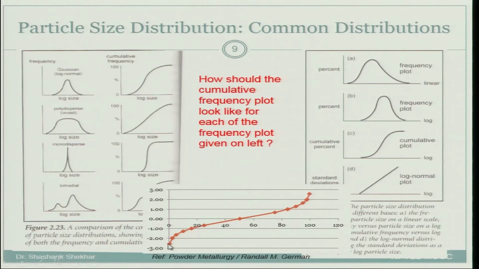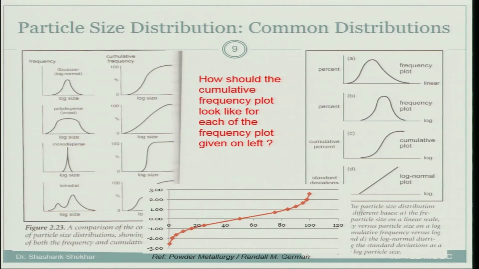Now, the interesting aspect about this curve is that it is very linear, somewhere from 10 to 90. So, 10% to 90% data, when plotted against the standard deviation, comes out as a straight line.